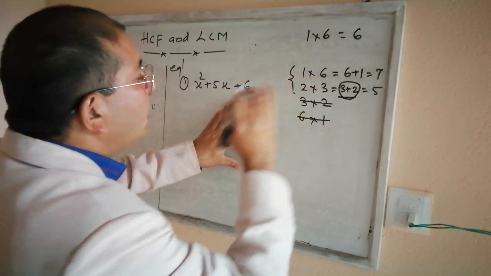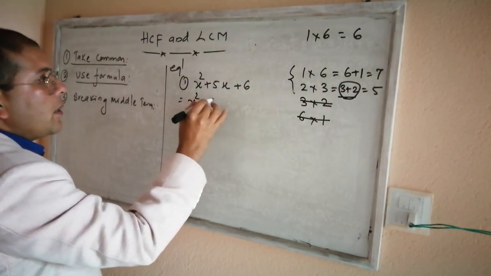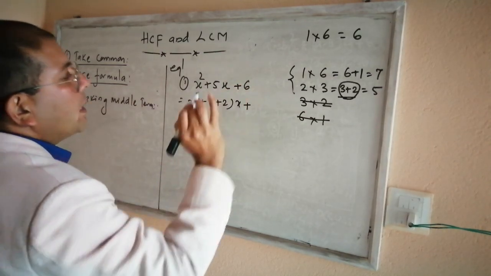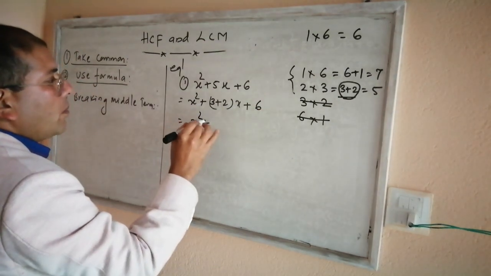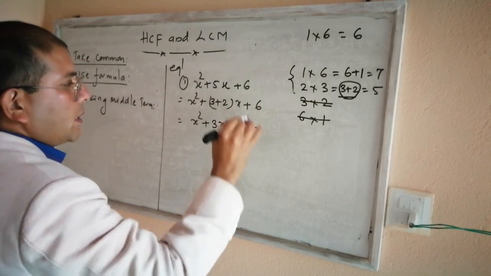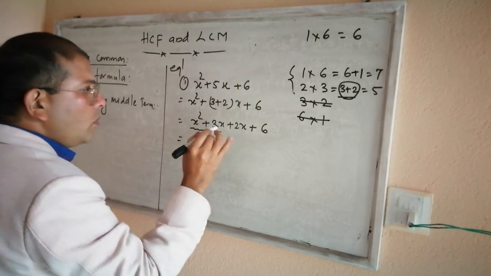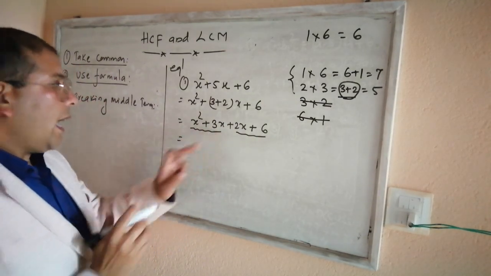Now do it like this. So it is x square plus (3 plus 2) times x plus 6. Same as this: x square plus 3x plus 2x plus 6. And from these first two terms, the common term is x.